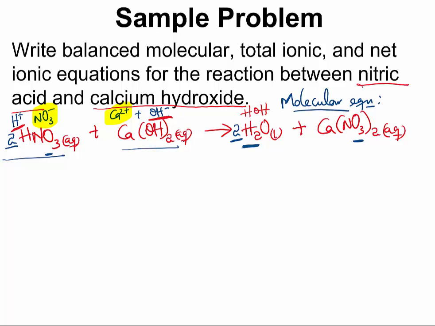Let us now take a look at the total ionic equation. Nitric acid will behave as an ionic compound, it will give us hydrogen ions and nitrate ions. Each of them would have coefficient of 2 because of the 2 here in the balanced equation. Calcium hydroxide will split apart into calcium ions and 2 hydroxide ions.